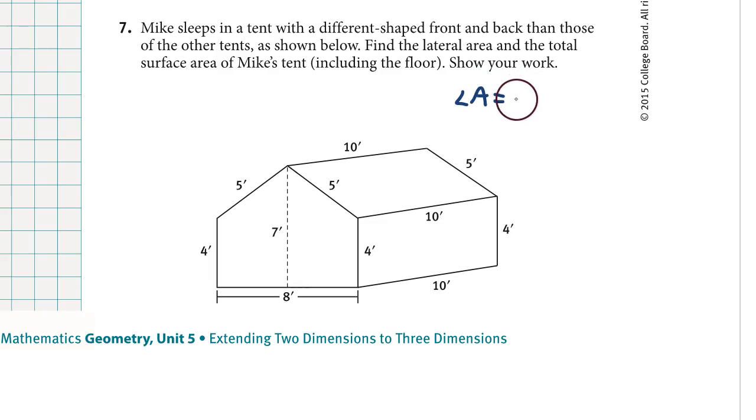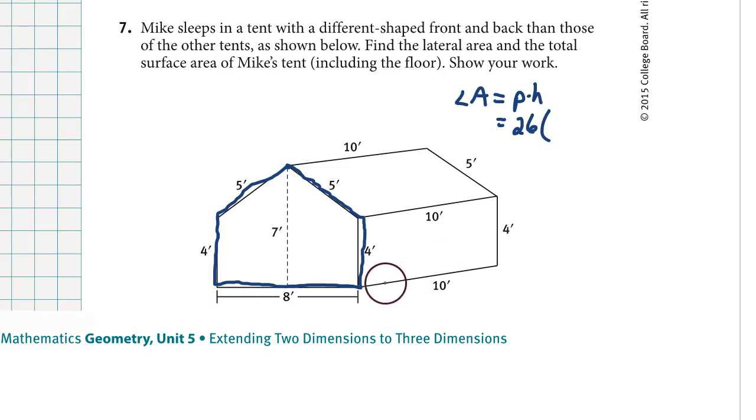For lateral area, we're going to use our formula, perimeter times height. The perimeter refers to the perimeter of the base, the distance around the pentagon base. 5 plus 4 plus 8 plus 4 plus 5. That's 26. Height refers to the distance between the bases.